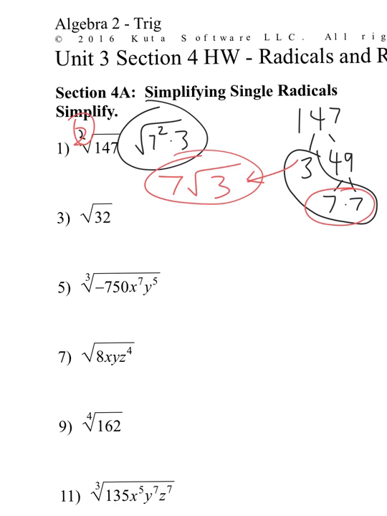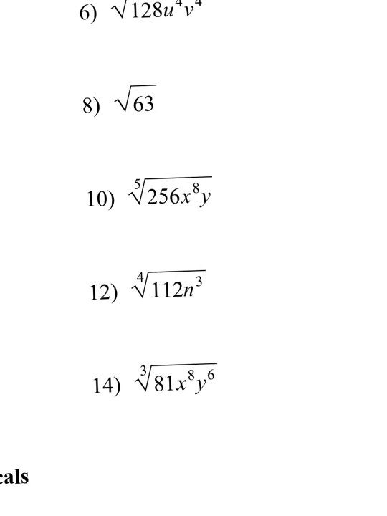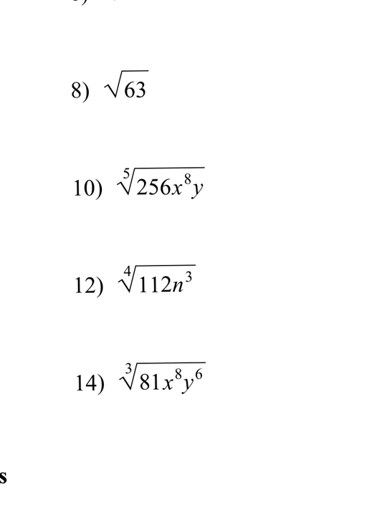If we go down to number 10, now we're dealing with fifth root, plus we have some variables involved. So you still want to break down 256. So if I do 256, obviously I see that it's even. We could go 2 times 128. I see 128 is still even.